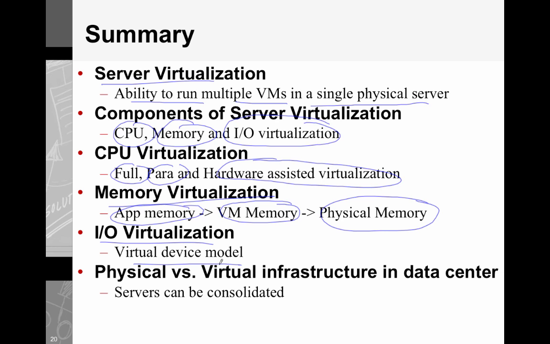All those things get virtualized by the virtual machine manager or the virtual machine monitor, and then eventually passed on to the actual virtual machines. Server virtualization basically allows us to move into a virtualized infrastructure within a data center, and so that helps us in doing what we call server consolidation.